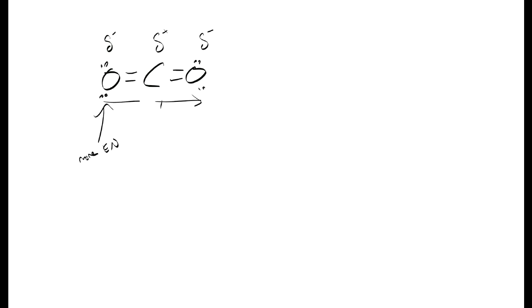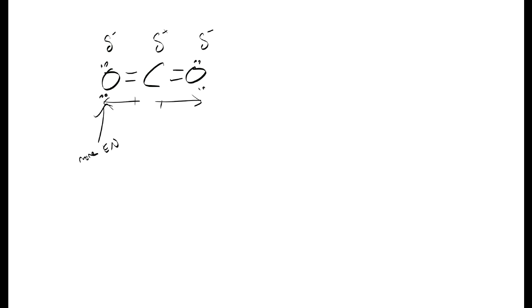Okay? So let me show you. Here is carbon dioxide. Carbon is bound to oxygen here. Oxygen is more electronegative than carbon. So that means that each oxygen is going to have a negative partial charge, and carbon is going to have a positive partial charge. So each of those bonds is polar. You have a polar bond pointing to the right, and you have a polar bond pointing to the left.